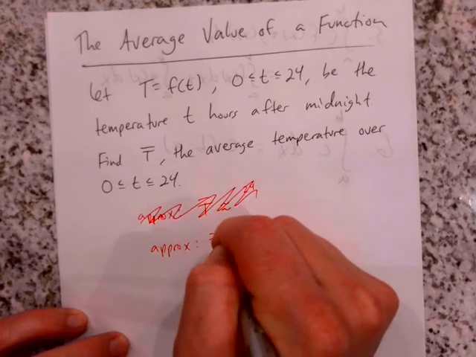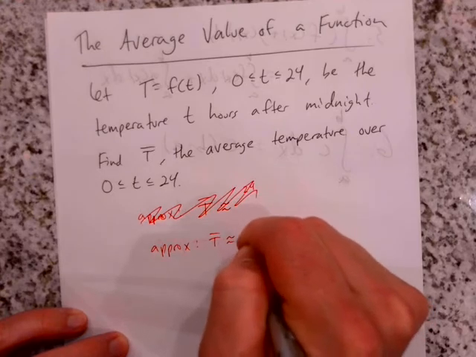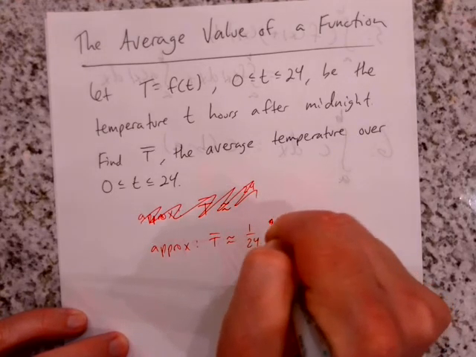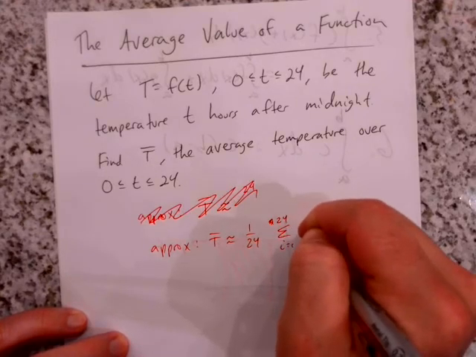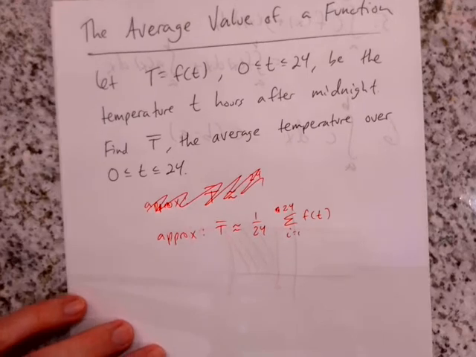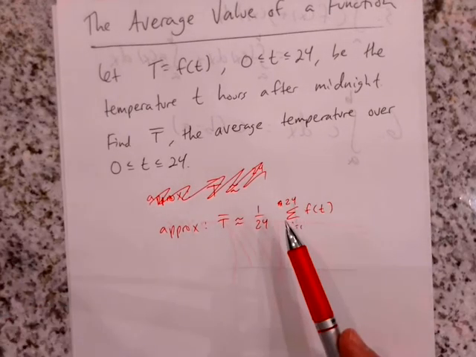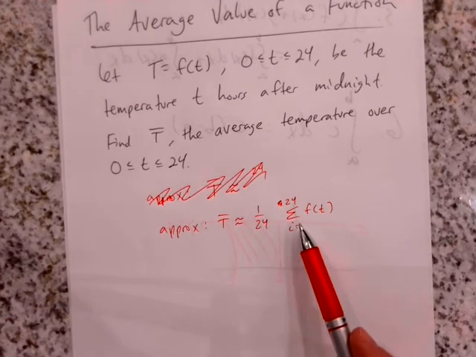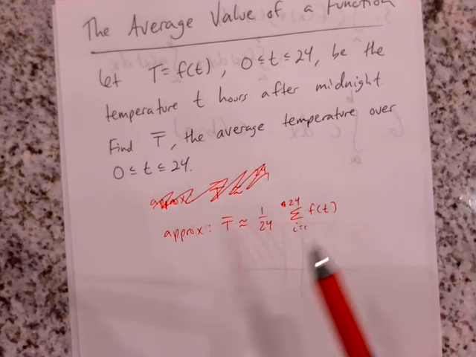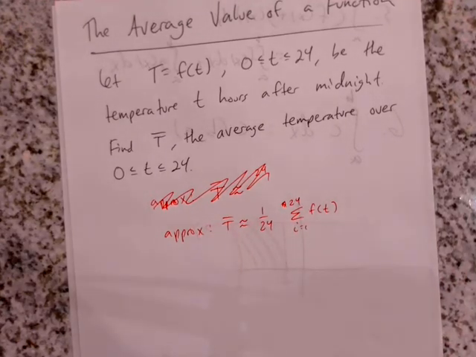And that would look like this. The average temperature is approximately 1/24th of the sum from 1 to 24 of f of t. This gives you the sum of all the temperatures at hour 1, hour 2, hour 3, up to hour 24, and you take that sum, divide by 24, and there's your average. That would be an approximation.